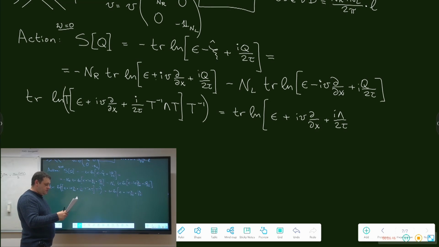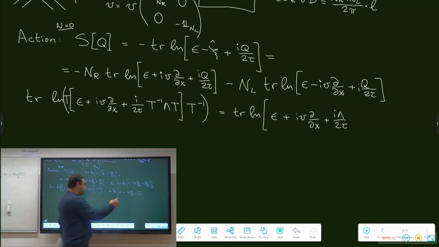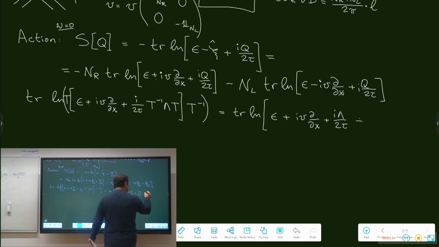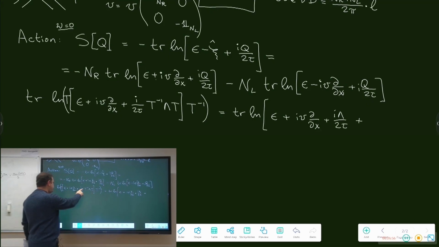But if it's not a constant, it does not commute. Then it provides some correction to this term, plus T derivative of T inverse. The derivative should act on T inverse, which provides a minus sign.